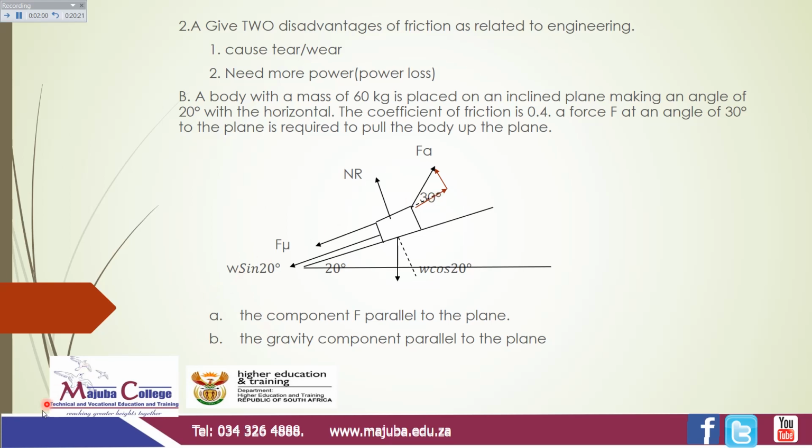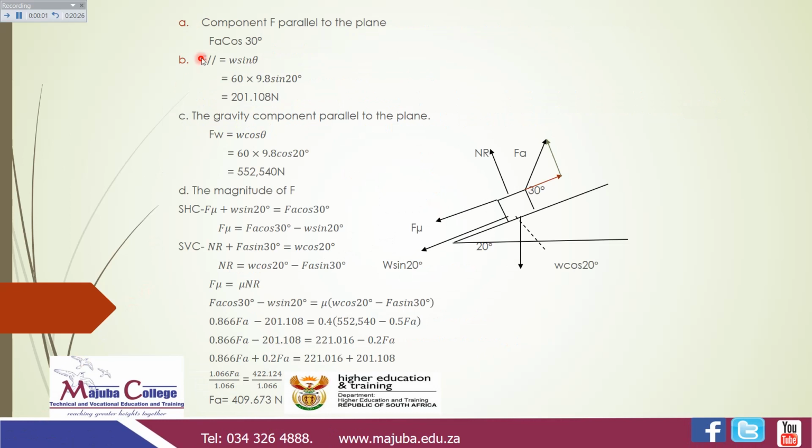So let's take A. For A, you have this force, and the magnitude of this force will be FA cos 30. I think you've got that from what we've done before, how to get the magnitude of this force.